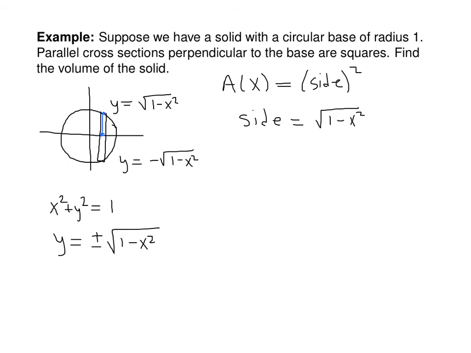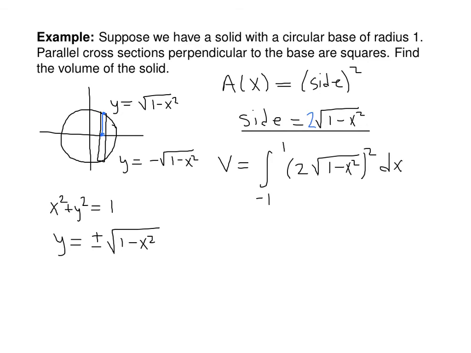So the length of a side will be twice that, 2 root 1 minus x squared. Now to find the volume, I need to add up all of my slices. My slices begin at -1, they end at 1, and I add up all the individual areas, and each individual area is (2 root 1 minus x squared) squared, dx.